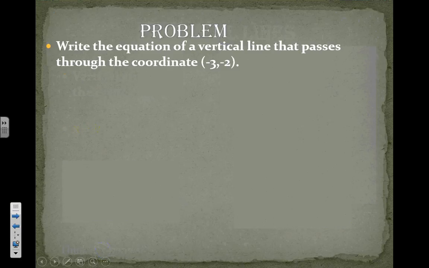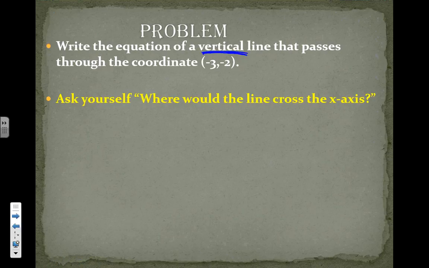All right, so this prompt says to write the equation of a vertical line that passes through the coordinates -3, -2. So vertical line means we're dealing with x equals. So we'll ask ourselves, where would this line cross the x-axis?